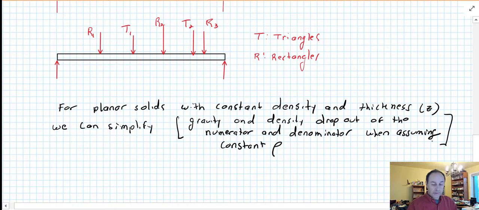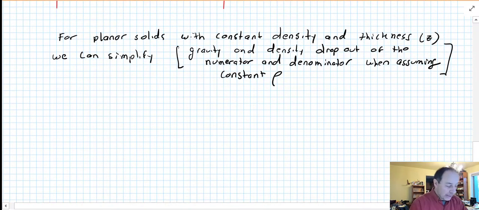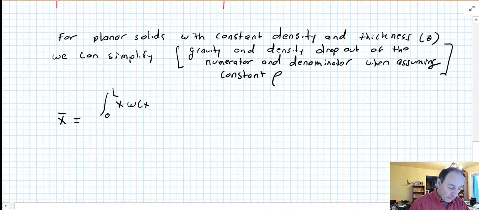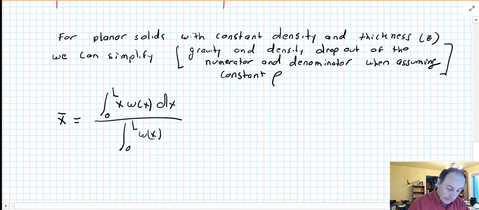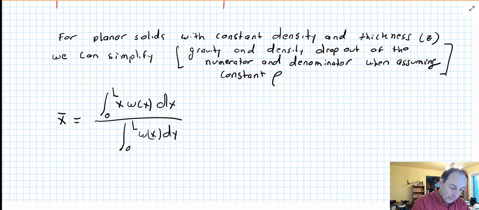All right, so what this boils down to, and this is the equation form of what I just showed you visually, is the location of that equivalent force, X. This is the form we've been using. Let me make that a little neater.